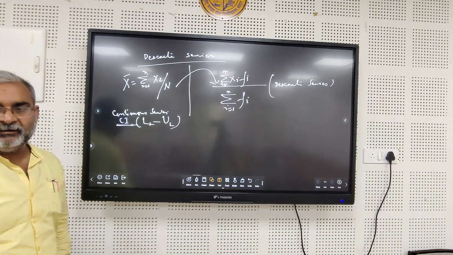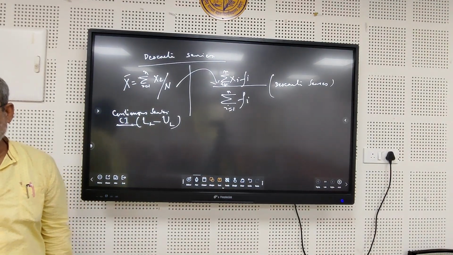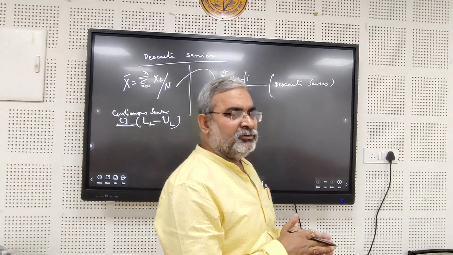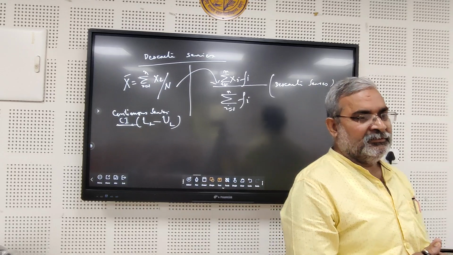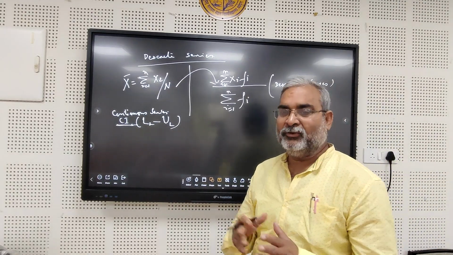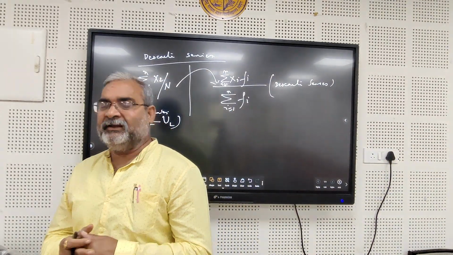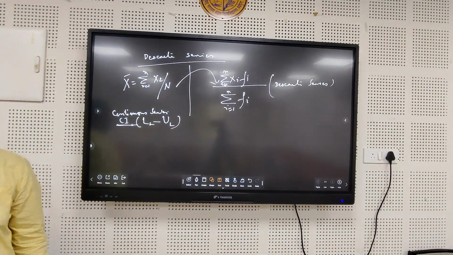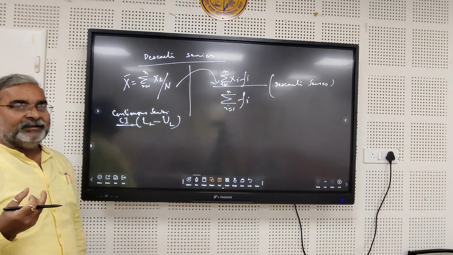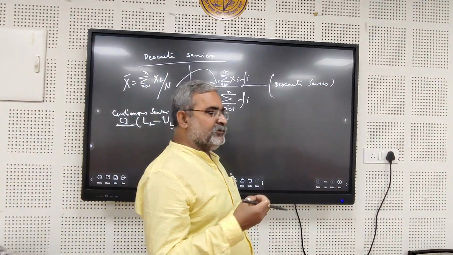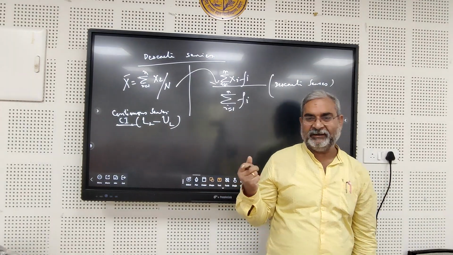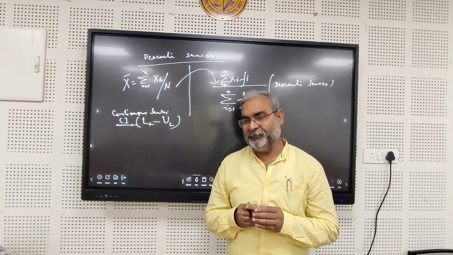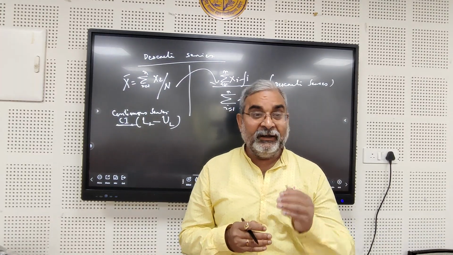Each variable is converted into the lower limit and upper limit. For example, 1 to 3, 3 to 6, 6 to 9, 9 to 12. It is represented as the equal class interval. Sometimes in the examination of NET or in other competitive examinations, the class interval is represented in the form of unequal class interval.